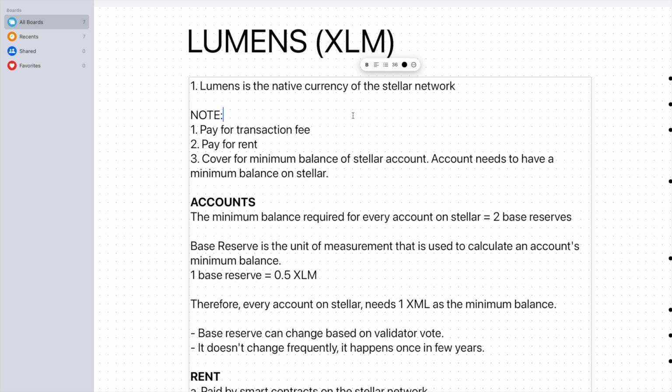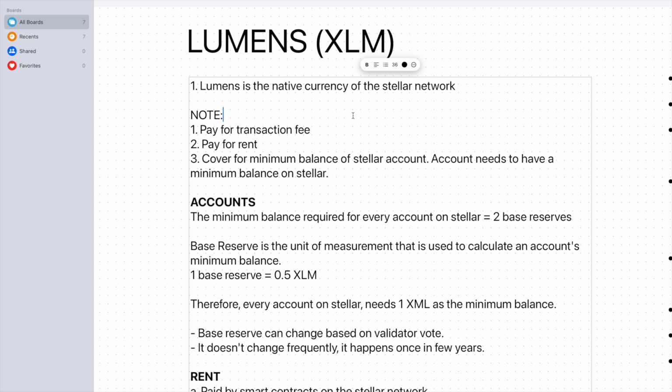And then the interesting thing about Lumens is it functions in a lot of ways in the Stellar network itself. There are a lot of things it does, like using it to pay for transactions, using it to pay for rent, which we're still going to talk about, and using it to pay for network fees and transaction fees.